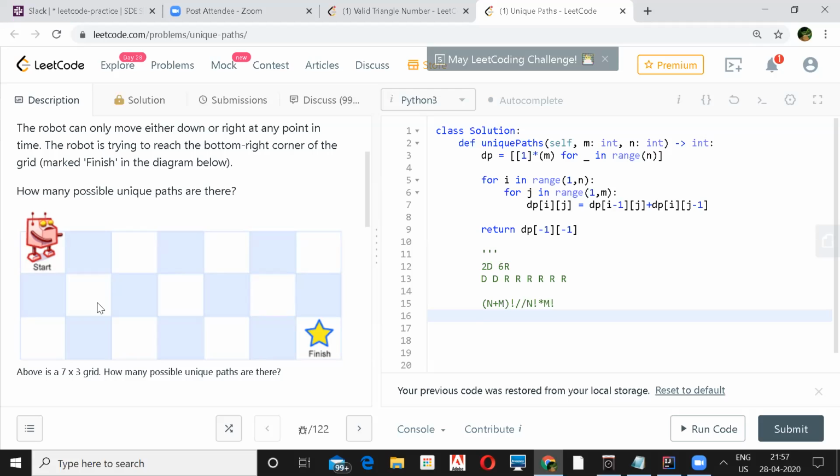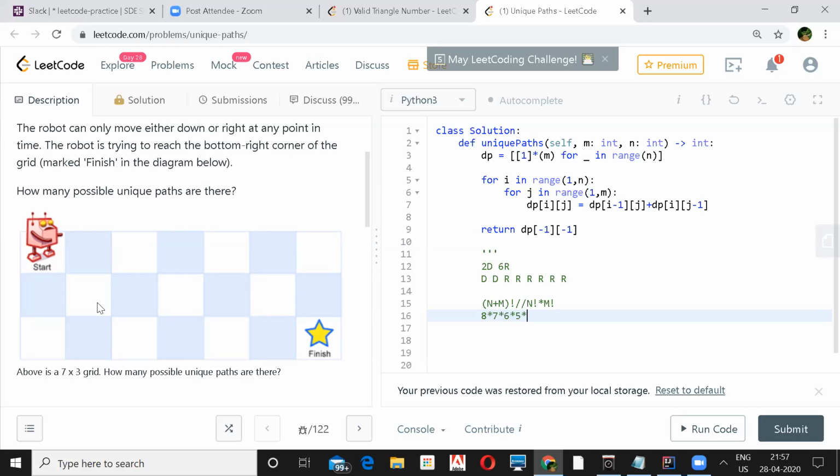Probably better, if you can simplify this equation, the bigger of n and m, all those numbers would be cancelled from the denominator and the numerator also. Yeah, you have to calculate only the smaller ones. You can break it down and then write it.